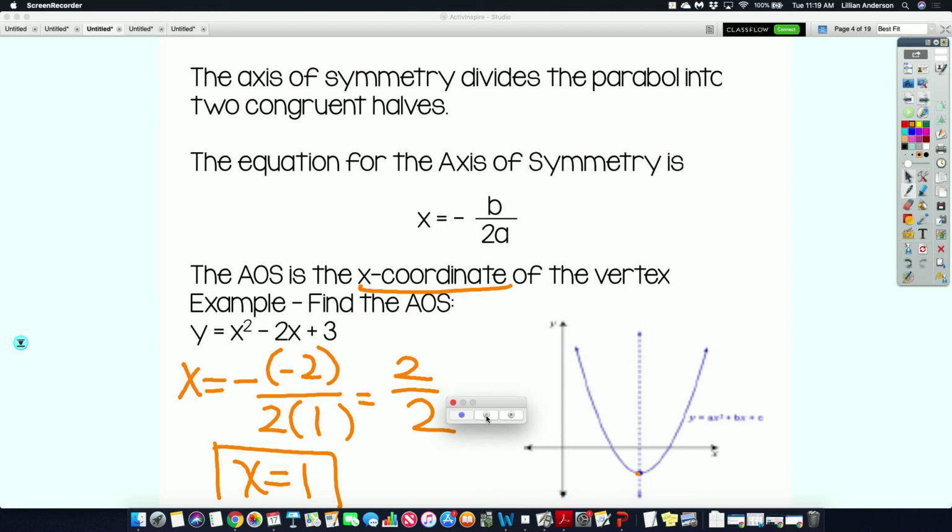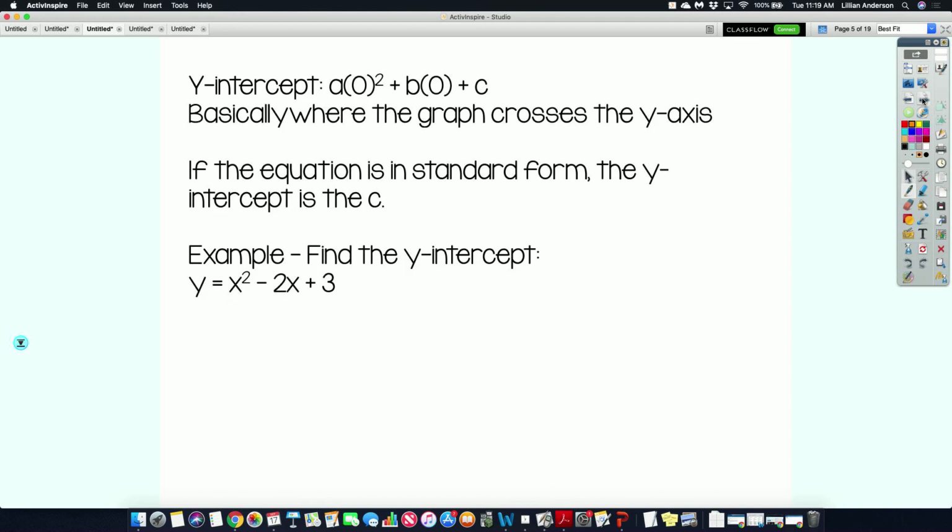Let's talk about the y-intercept. Now, the y-intercept is what you get when you plug in 0 for every x into the quadratic. Okay? So in your standard form of ax squared plus bx plus c, if I plug in zeros everywhere I see an x, then you are just left with c. Okay?